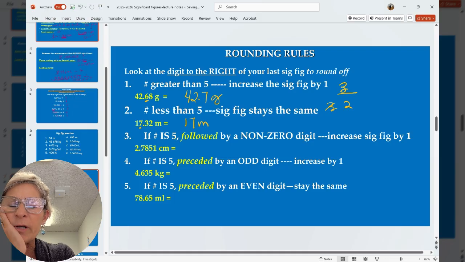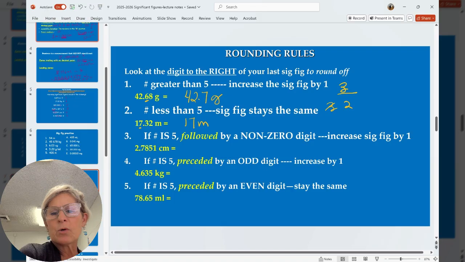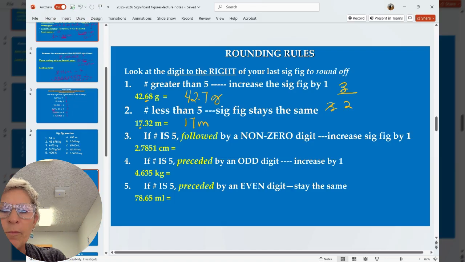If the number is 5 followed by a non-zero digit, you're going to increase the sig fig by 1. A non-zero digit is 1, 2, 3, 4, 5, 6, 7, 8, or 9. So let's say I want to round my answer to 4 sig figs.